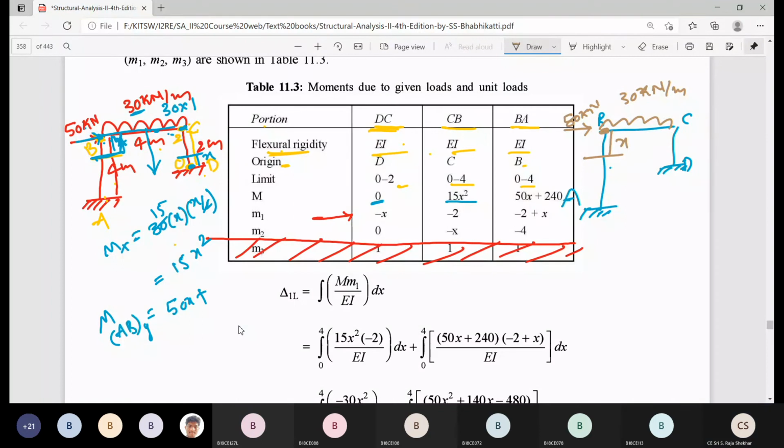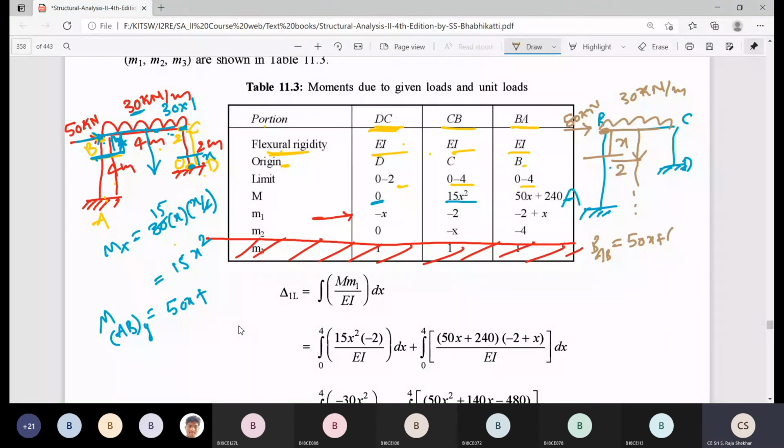So now the bending moment in AB will be equal to, here 50 kilonewton is acting, so 50 into X, plus this 30 kilonewton per meter is acting. The total length is 4 meters, so the total load will act at the center. So the perpendicular distance is 2 meters.